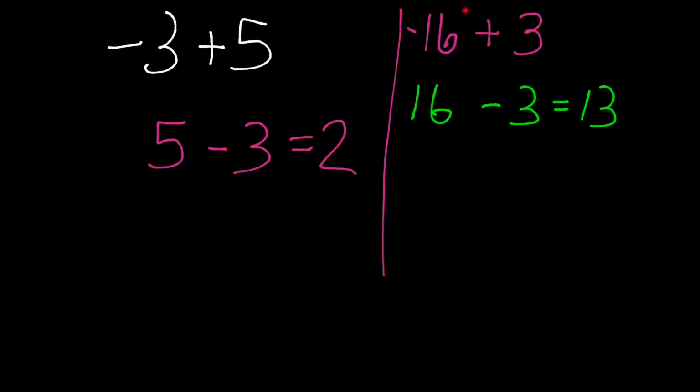Now, if the bigger number was negative, this is going to be negative as well. So since it was negative 16, we get a negative 13 as our answer. Let's try another example because I'm afraid that that wasn't as clear as I would have liked it to be. So let's try a couple more.